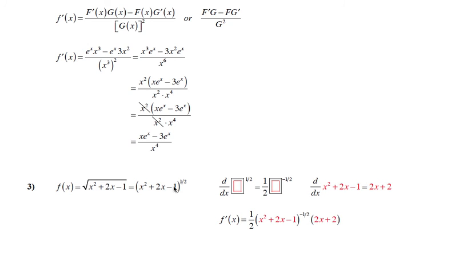So what's inside the outer function is x squared plus 2x minus 1, and when I differentiate that, the derivative of that, just using the power rule, is 2x plus 2. I then multiply that derivative times whatever I got when I differentiated the outer function. So this expression inside the square root stays the same, and after I differentiate the outside function, I then multiply that times the derivative of the inside.